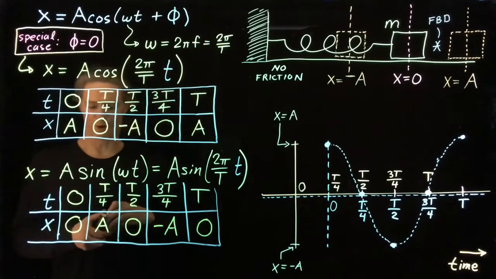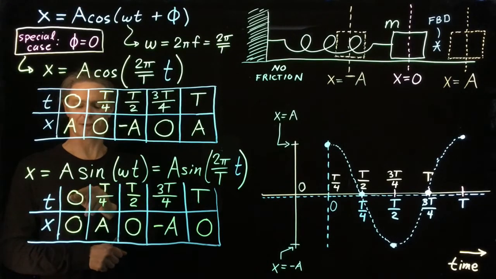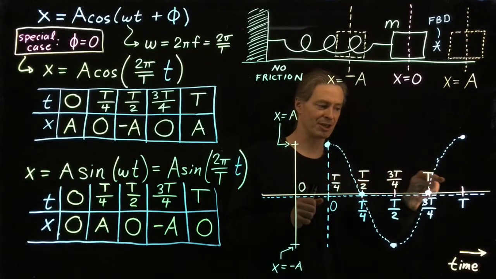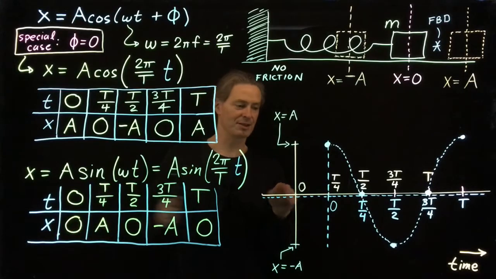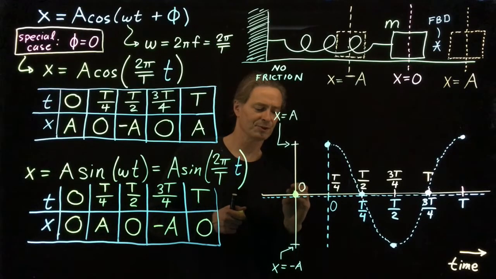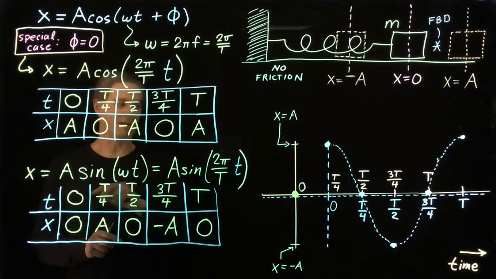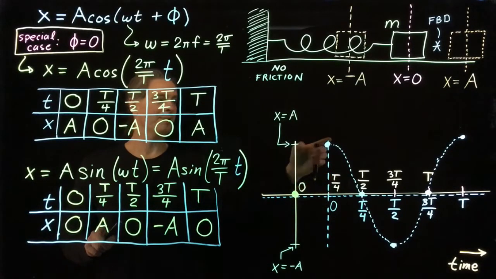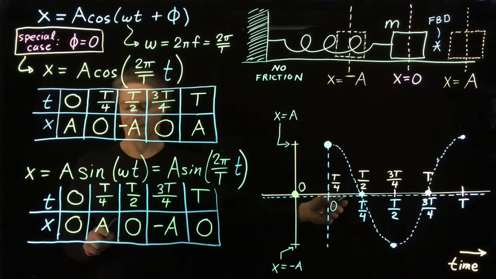So let's plot those points. When the time, little t, is equal to 0, x is equal to 0. We're now on this solid axis with these numbers up here representing the time. So time 0 is this, and x is equal to 0. So there's our first data point. Then, when the time is equal to 1/4 of the period, the position x will be equal to the amplitude. So we'll have this point here, same point that we had before.